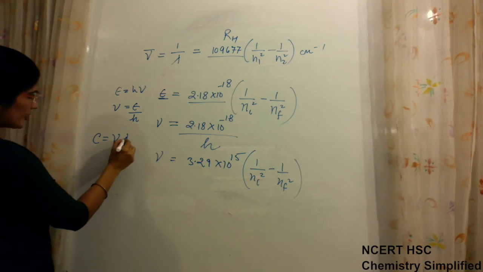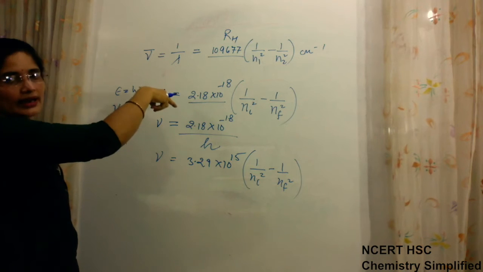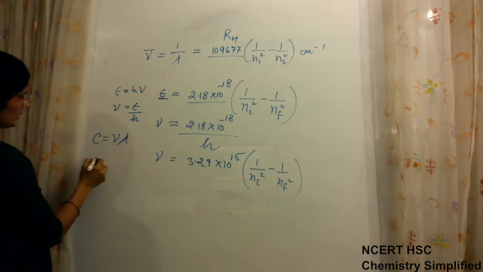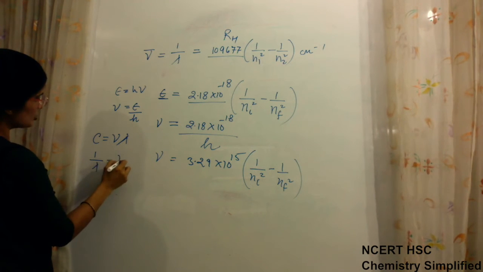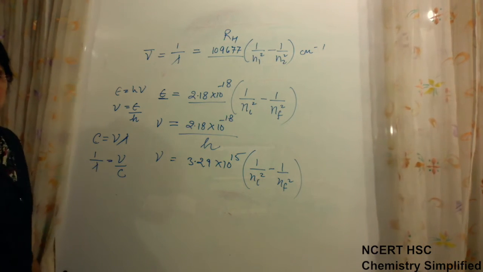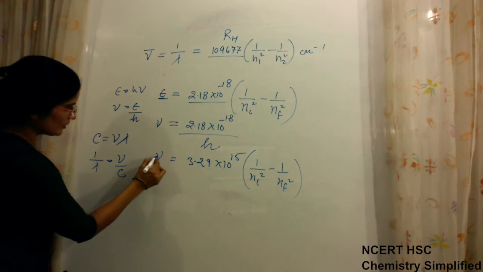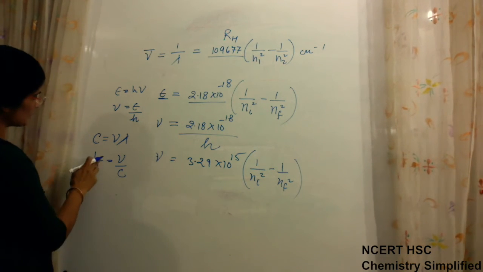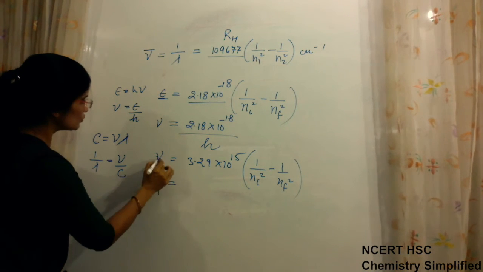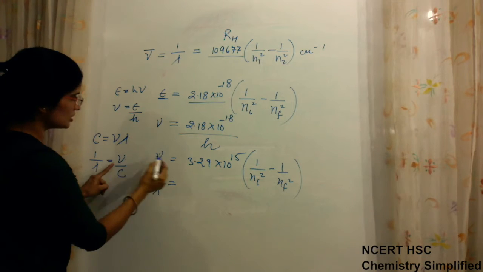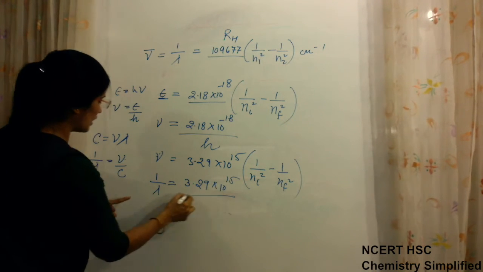Because this formula is 1 by lambda, I will take lambda here, so it becomes 1 by lambda, and this becomes nu upon C. Okay. So I will write here 1 by lambda is equal to nu by C. This nu is already given, 3.29 into 10 to the power 15 upon C.